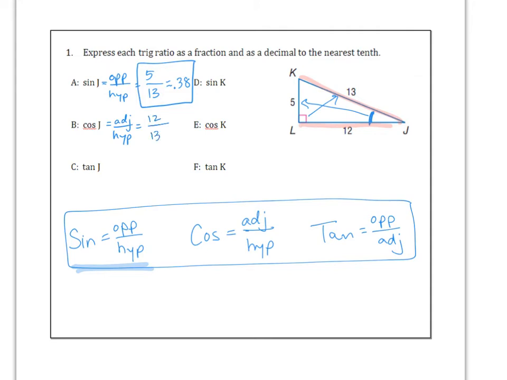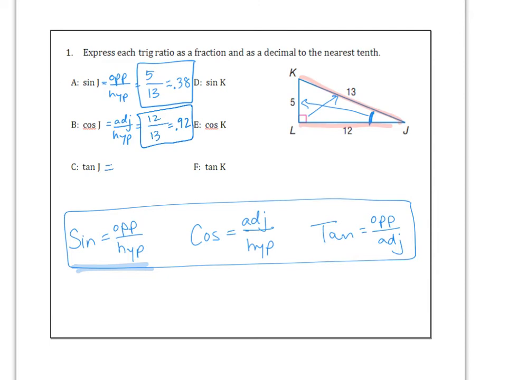The hypotenuse is the 13. Okay, so there's the fraction. Now we have to type in our calculator 12 divided by 13. We get 0.92. So there's the fraction and the decimal.